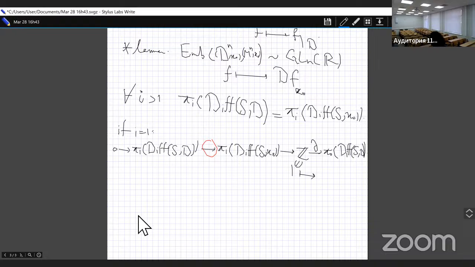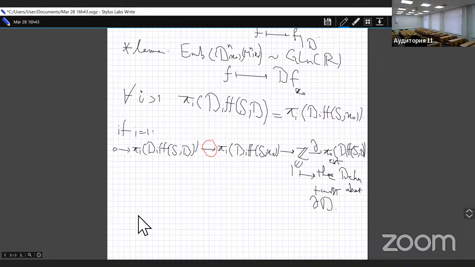boundary. Okay. So the generator of that goes where? It goes to the Dehn twist around the boundary of D. The extension.